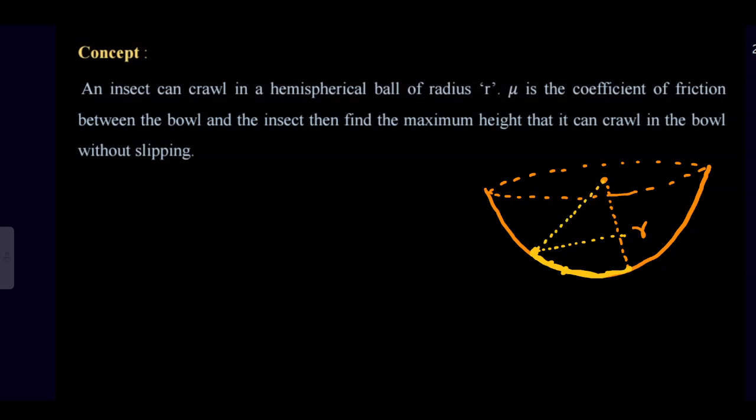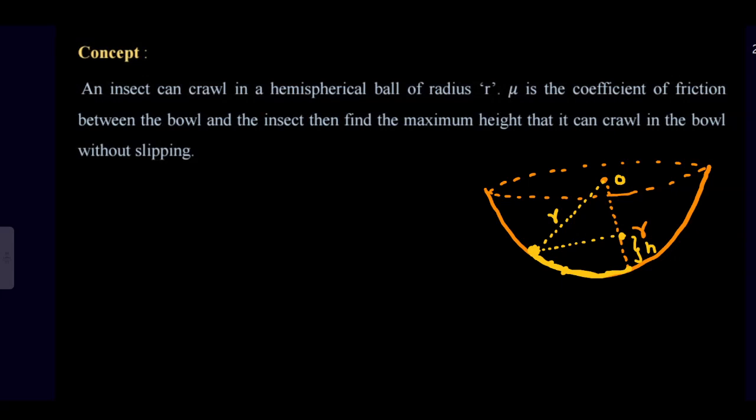Here is the center point, and here we have the insect. Center to surface is the radius. From here to here, this is the height the insect has traveled, and that height is what we need to find.